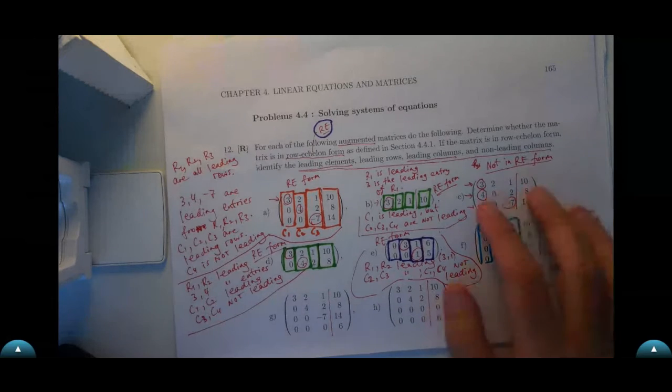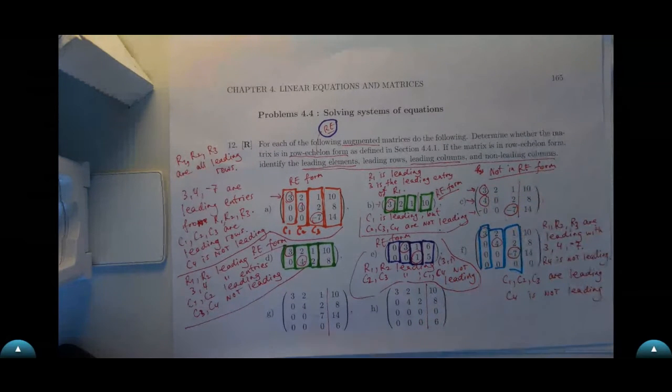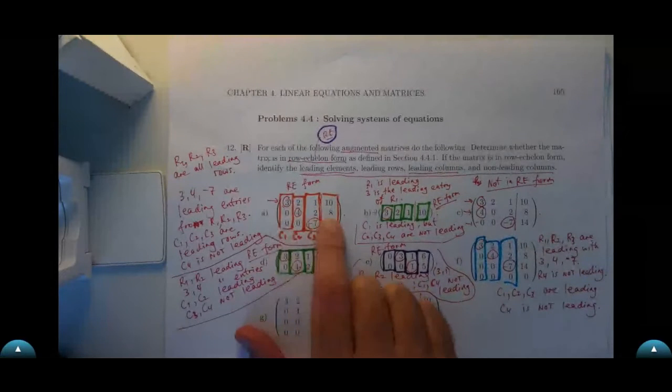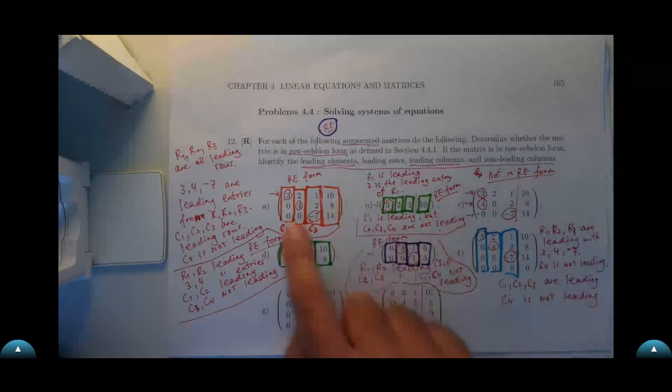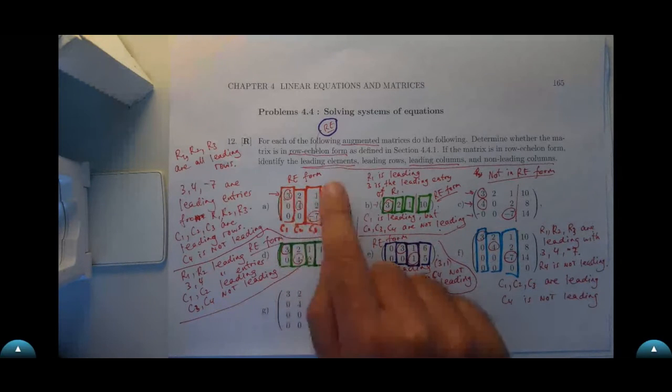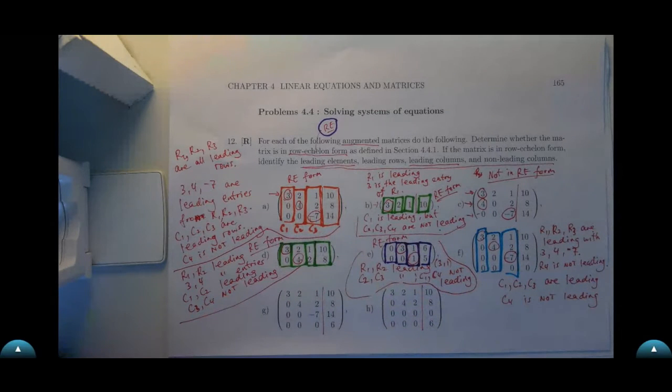All right, let's change direction a little bit and see what we can actually understand or work out from this information. Let's go back to the first augmented matrix, and pretend that this was the coefficients and the right-hand side of some linear system.